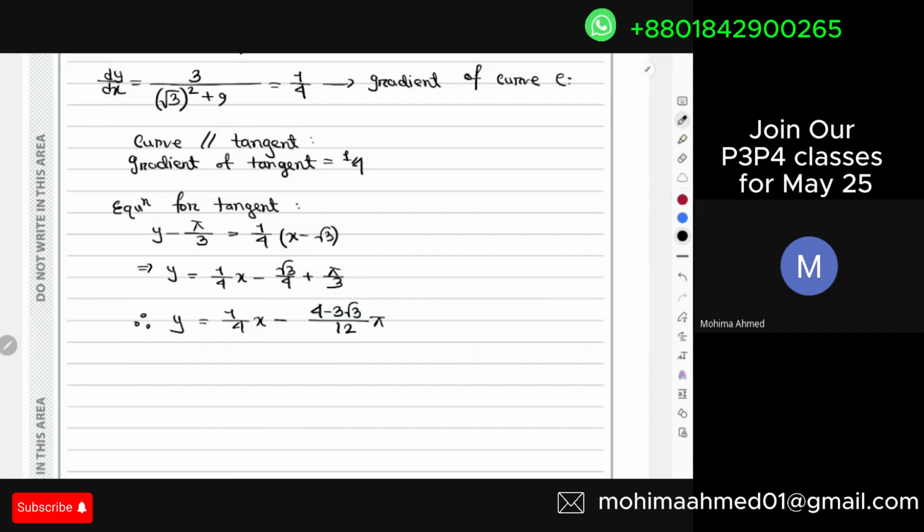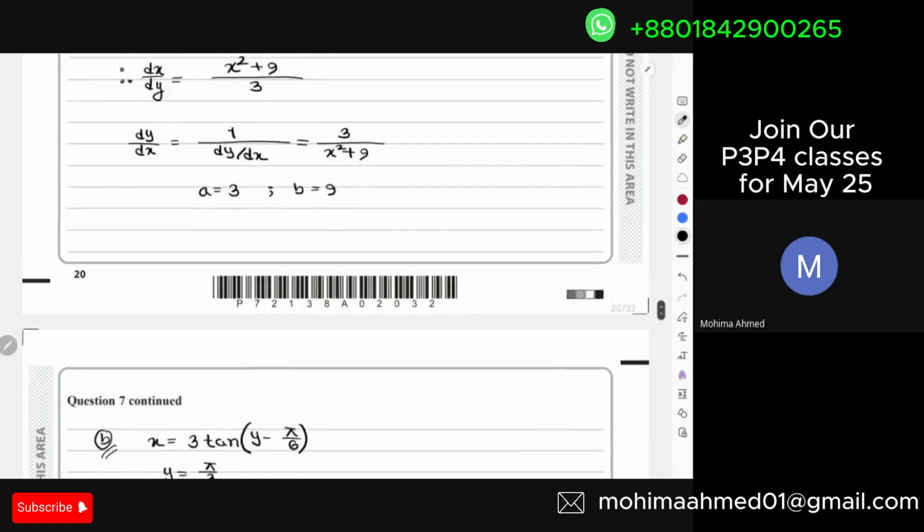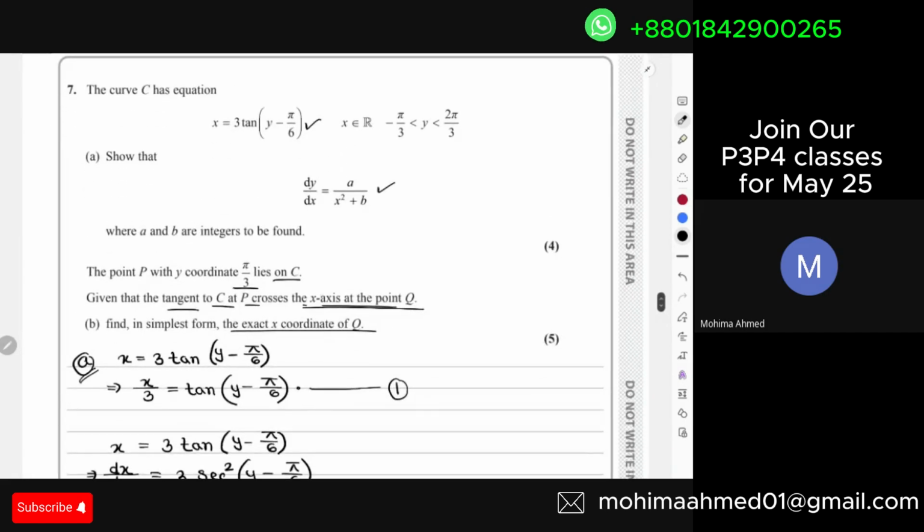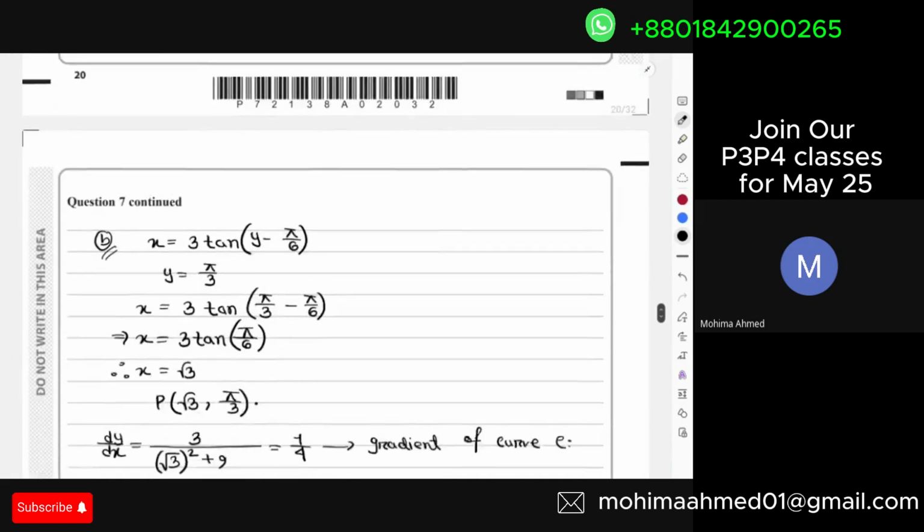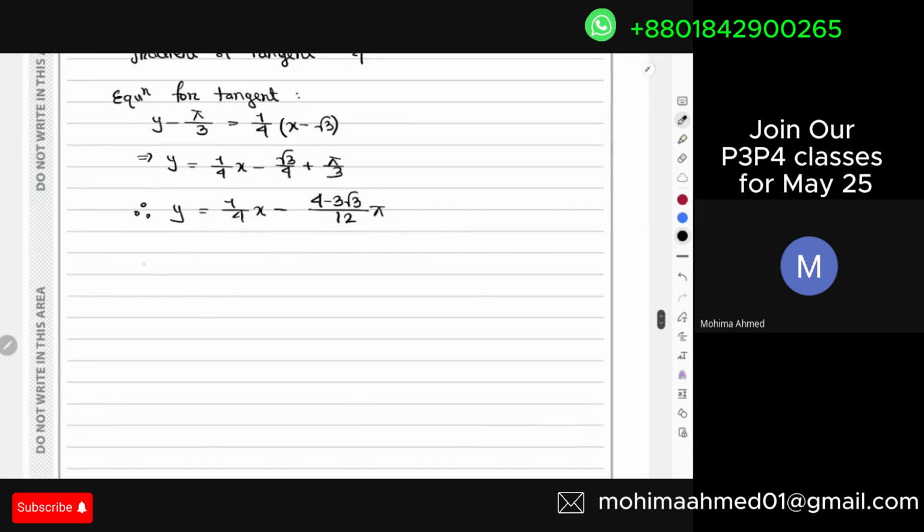Now again, I know that point Q is also a part of this tangent, and this tangent will intersect with the x-axis. So we understand that over here, Q was on the x-axis, so the value for your y was entirely 0.